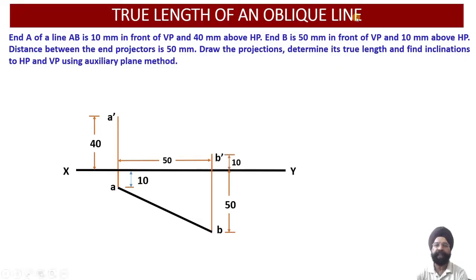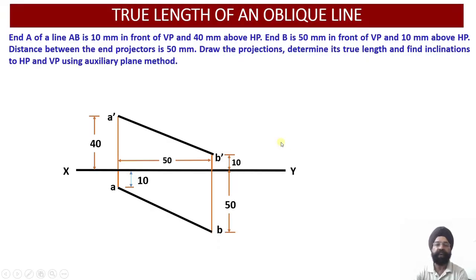Similarly, end B is 10 millimeter above the horizontal plane, so we have drawn point B dash 10 millimeter above the XY reference line. Now we can join A dash B dash and ends AB. A dash B dash is the front view elevation of the oblique line, and AB is the top view or the plan of the line AB.